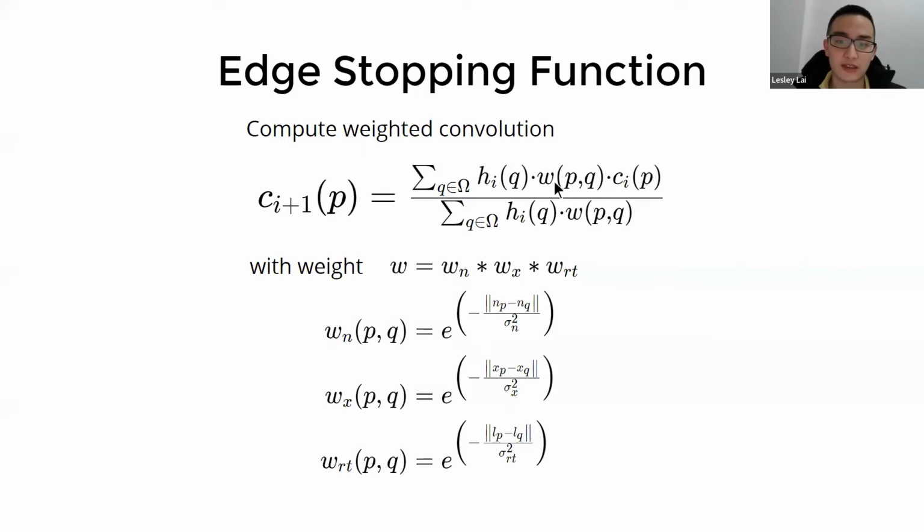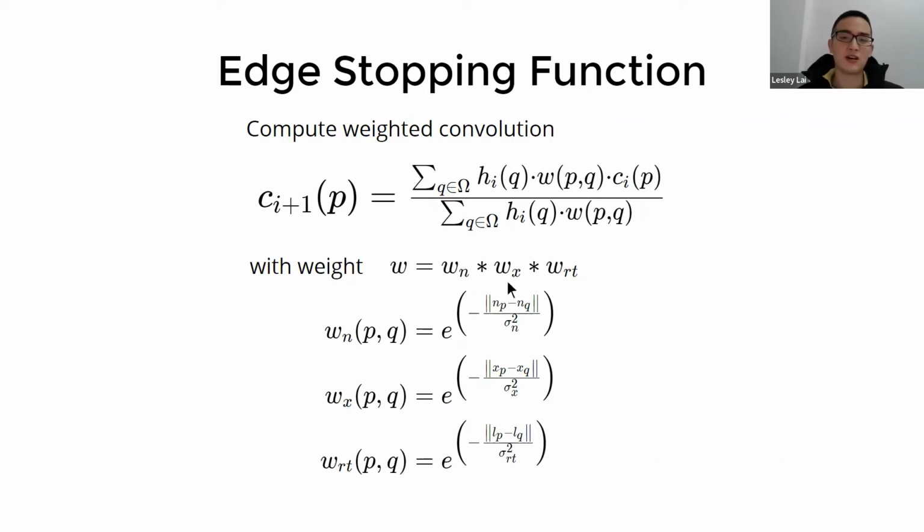Our weight of each pixel is calculated by three terms: the weight of the normal buffer, the weight of the position buffer, and the weight of our ray tracing color buffer. That's how our G buffers actually come in. The normal buffer and position buffer are used for the edge stopping function.